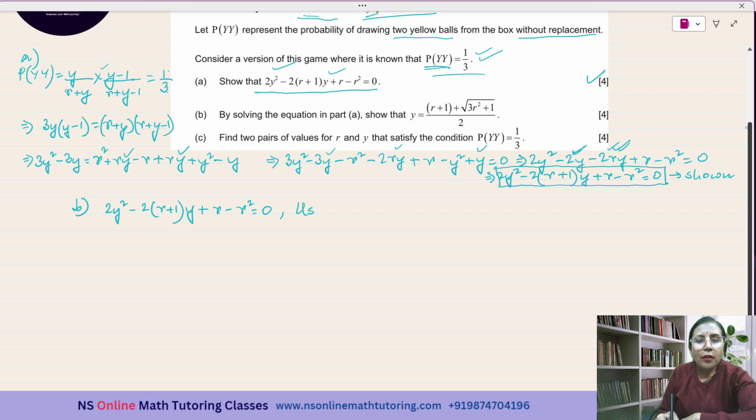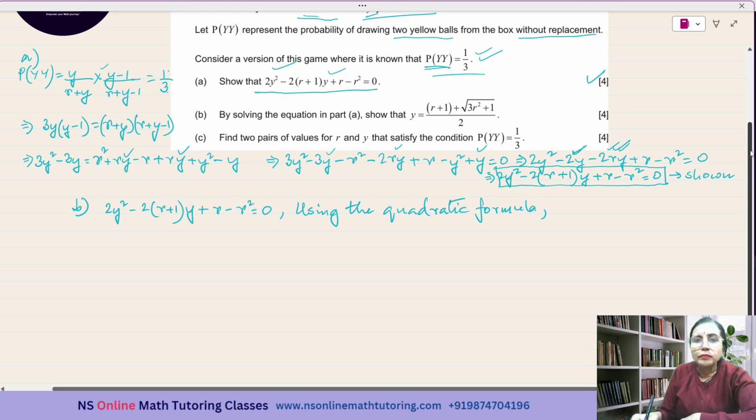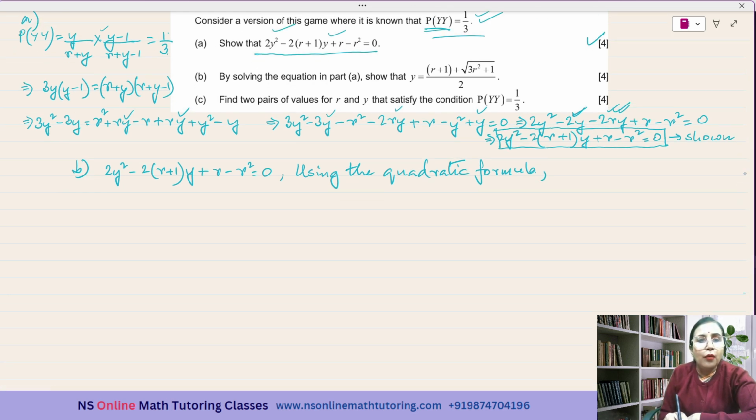Using the quadratic formula, y is equal to, this is the b portion, minus b will be positive. The minus sign is included within the b.